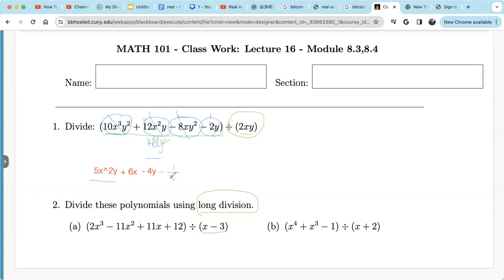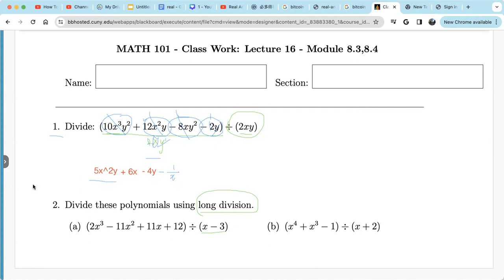Be careful with this term, sometimes it is tricky. Minus 2y divided by 2xy: 2y over 2y becomes 1, so we have 1 over x. So the answer to the first one is 5x squared y plus 6x minus 4y minus 1 over x.